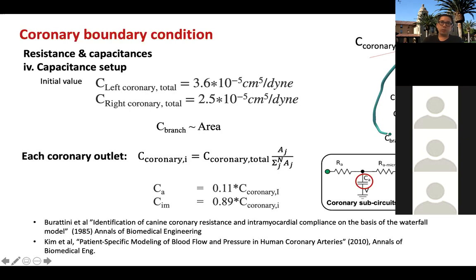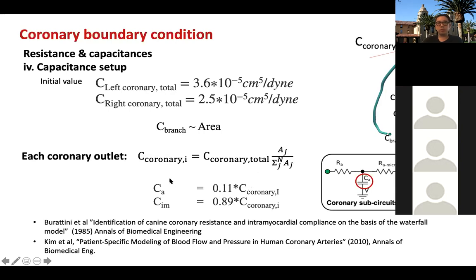So for each coronary outlet, as with resistance, you basically distribute the total coronary capacitance with this ratio. The difference between the resistance and the capacitance is like the exponent here, basically.